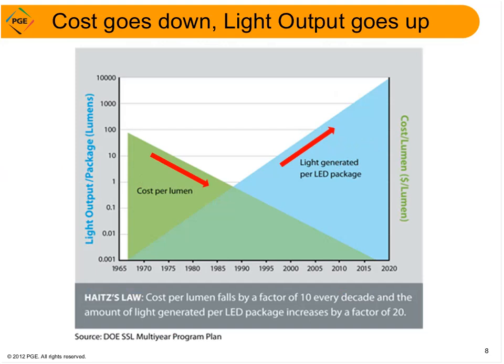So Haitz's law states that the cost per lumen falls by a factor of 10 every decade, and the amount of light generated per LED package increases by a factor of 20. So this law helps explain why we are experiencing the rapid improvement in LED efficiency and the rapid decline in LED costs.